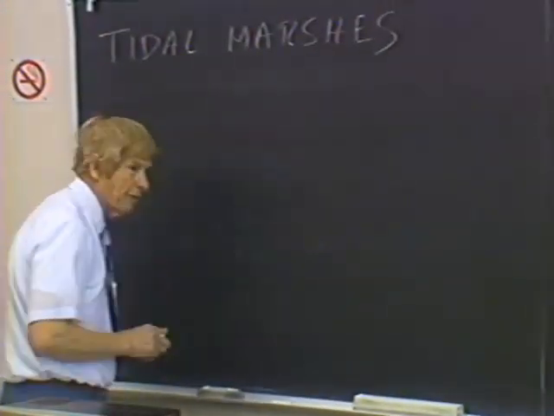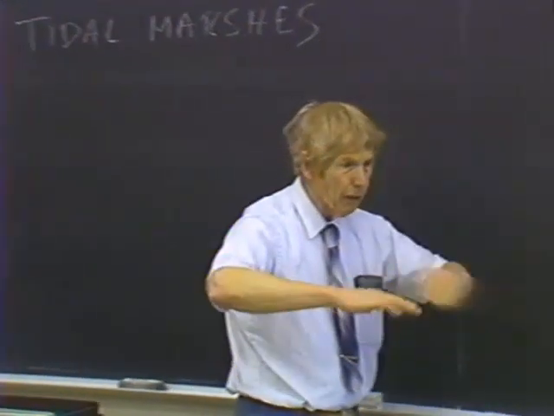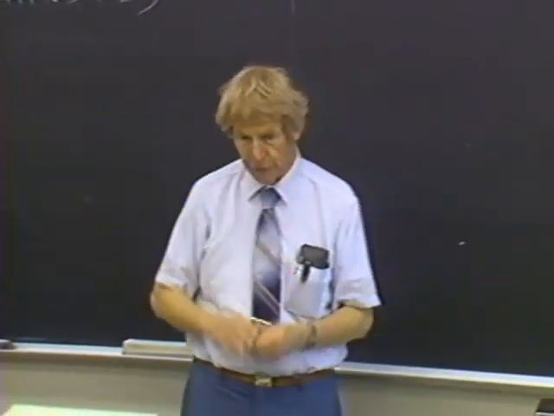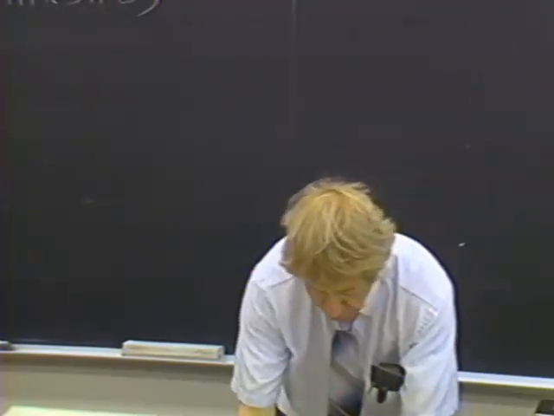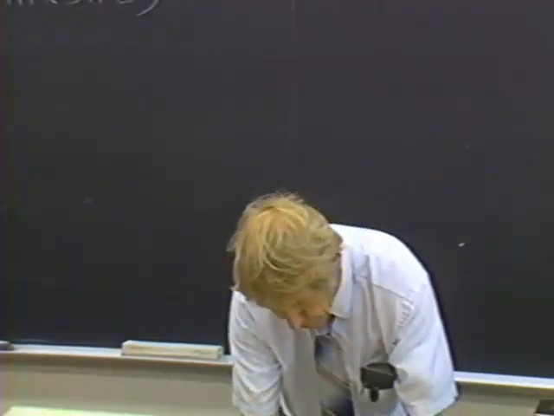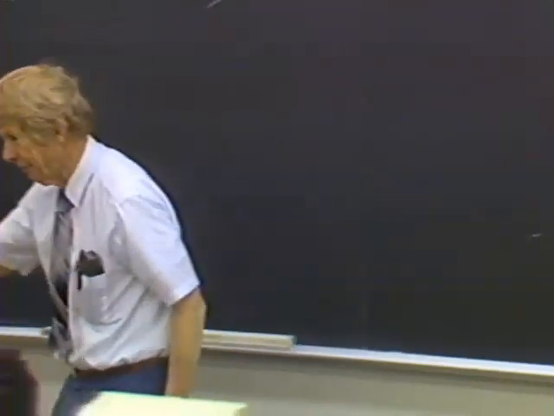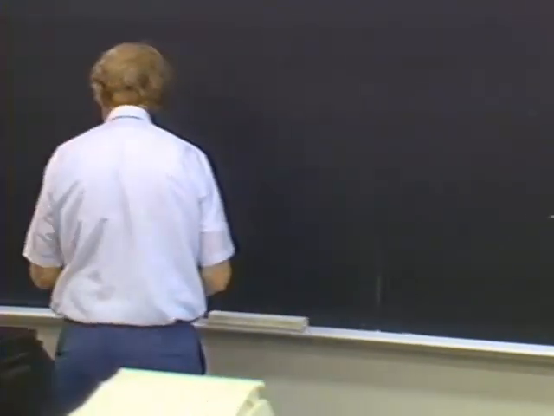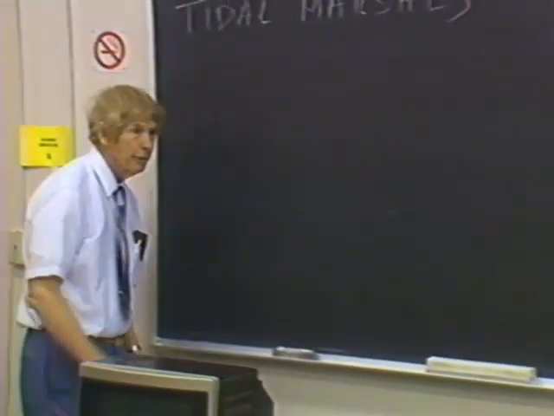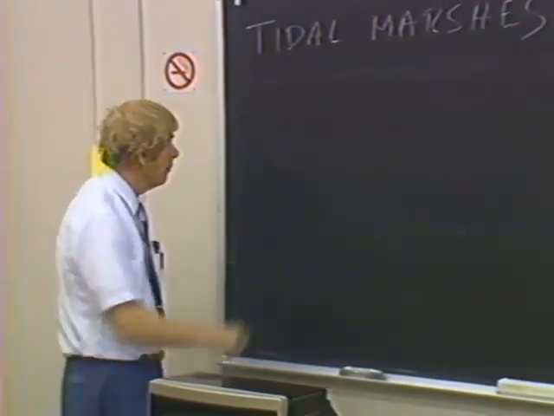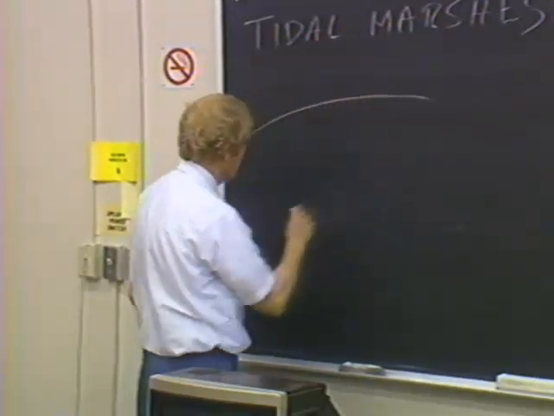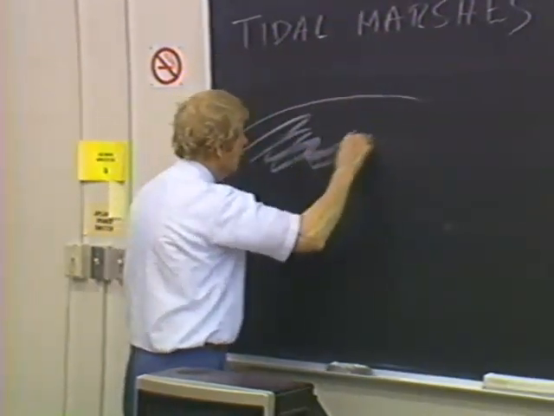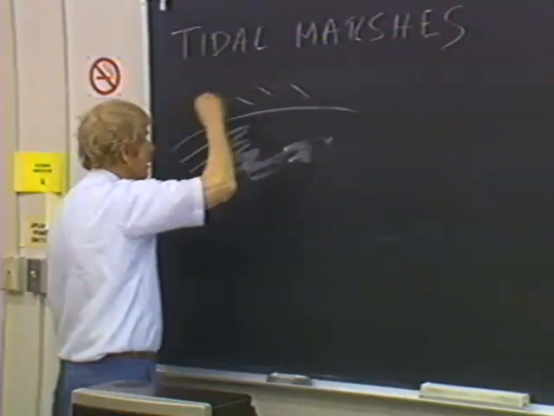Marsh begins as a mudflat, just a shallow edge of the bay where the sediment is deposited, and is typically drained by the lower tides when the tides fall down. And if you look around the shore in a mudflat area, see this is a mudflat area and this is all shore here.